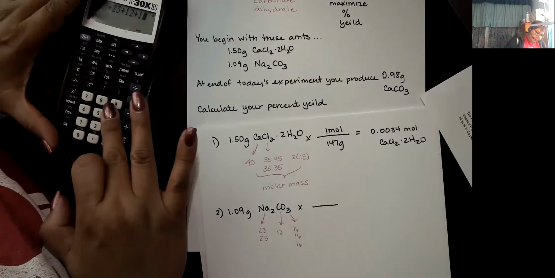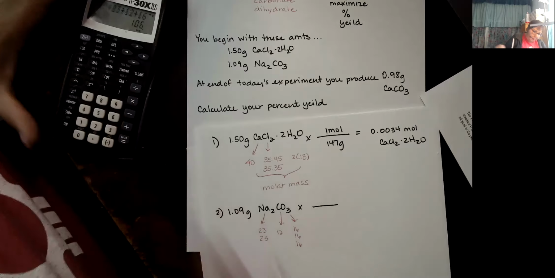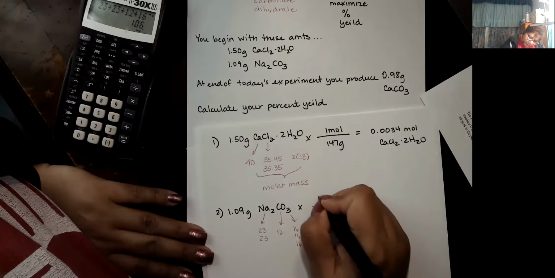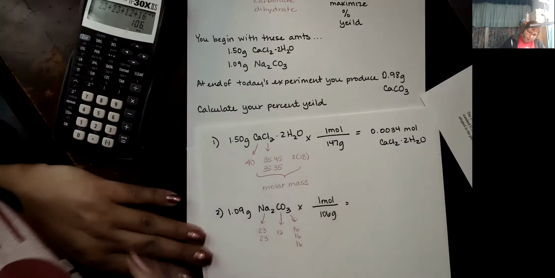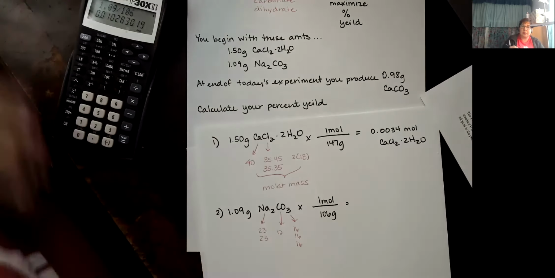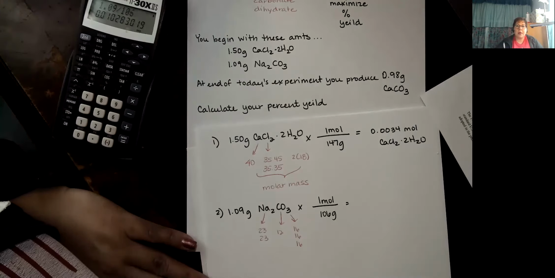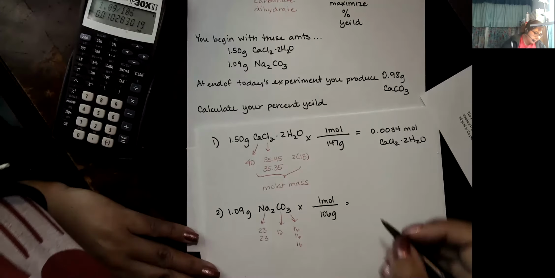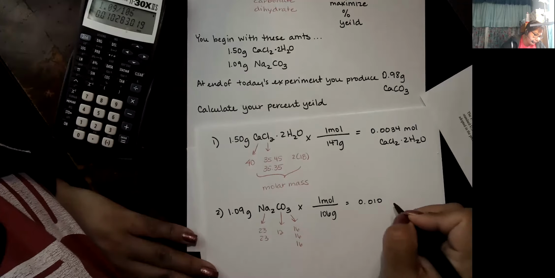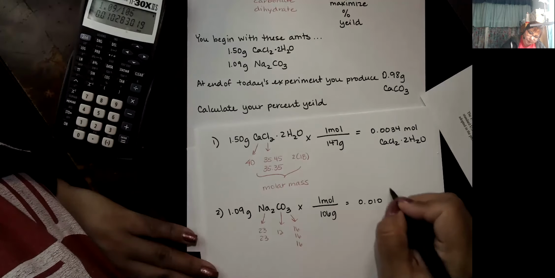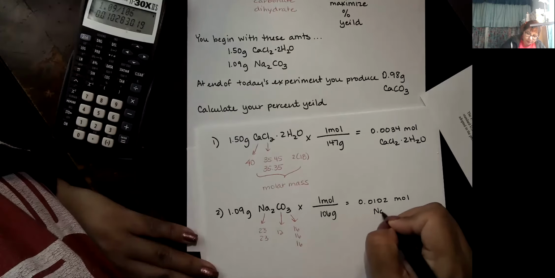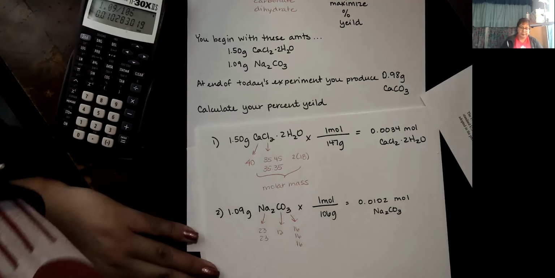Here we go. So that's 106 grams in 1 mole of the compound. So 1.09 divided by 106. That is going to be equal to another relatively small amount, about 0.0102 moles of sodium carbonate.